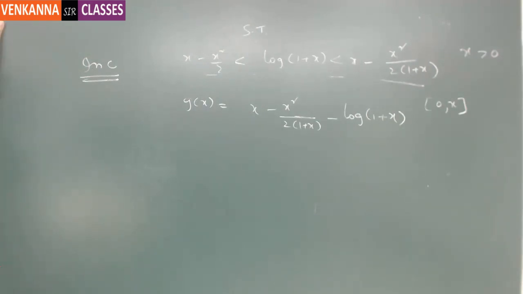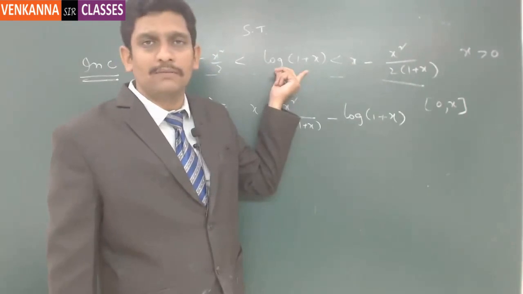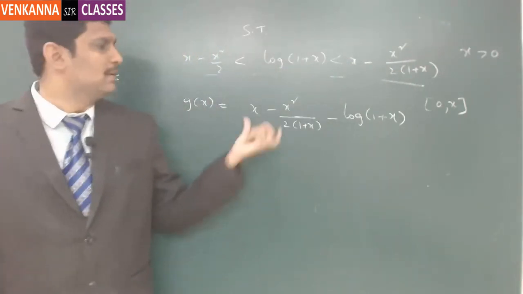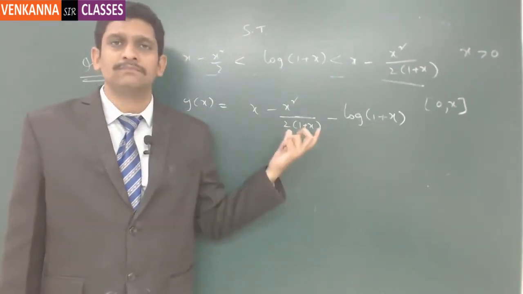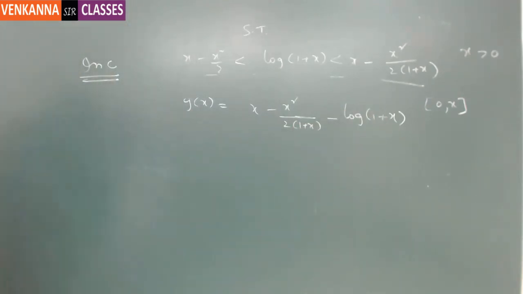Why have I taken this function? Because as per the inequality, this is the bigger one and this is the smaller one. So I am defining big one minus small one, because if I consider the derivative, it must be greater than 0. The other way around, you can also define log of 1 plus x minus the other part. That is also possible. Is it clear to all?